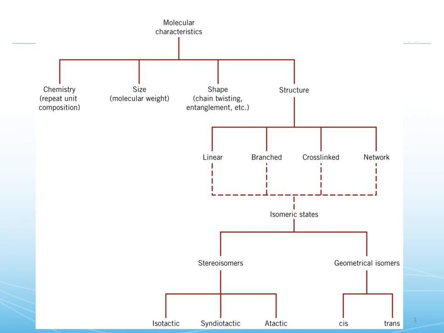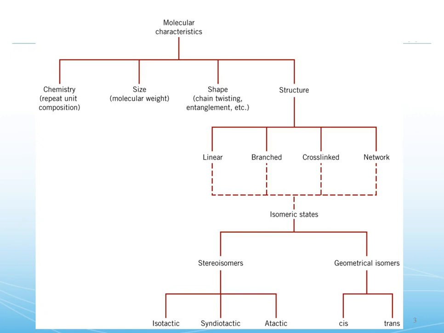Then there's isomeric states, and for you chemists this will be something fairly familiar. This has to do with the geometrical and reflective symmetry of any kind of non-symmetric, non-uniform repeat unit. And so this is whether you have a cis or a trans arrangement with a repeat unit that has a single or two different radicals coming off the side of the backbone.